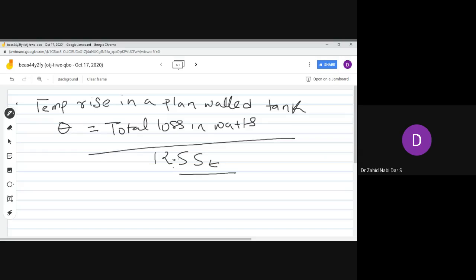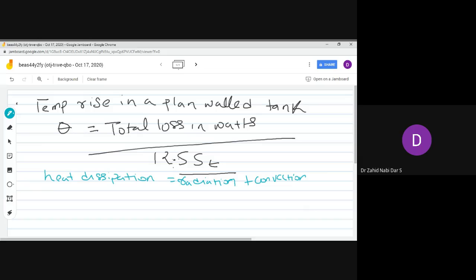This heat dissipation by the tank is due to two factors: one is radiation, and another factor is convection. Radiation plus convection. These are the two factors involved here.